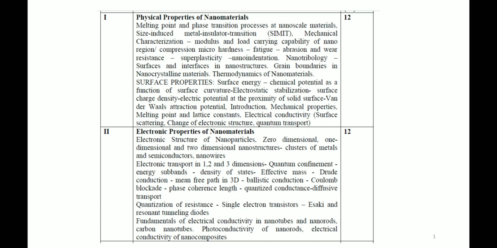Fundamentals of electrical conductivity in nanotubes and nanorods. Particularly, we will see the example of carbon nanotubes, how their electrical conductivity takes place. What is the photoconductivity of nanorods, and the electrical conductivity of nanocomposites.